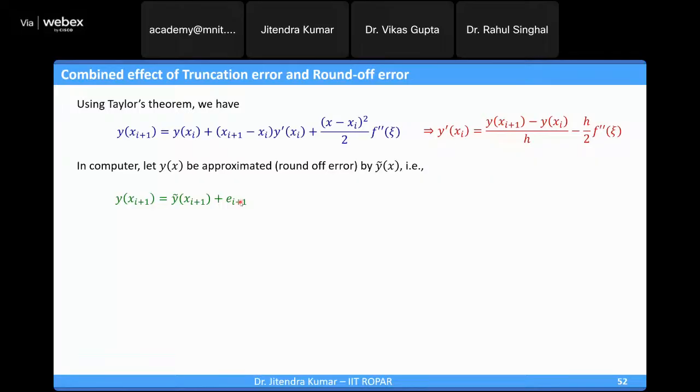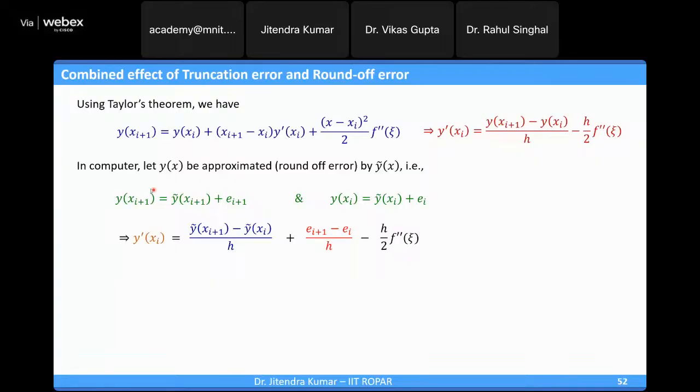This is e, I'm denoting it by e, the so-called round off error. Similarly, when you store y, you have introduced some error. So instead of y, you have stored y tilde, and there is some error left there too. So if you now see y prime at x_i, this is what your computer will give you.